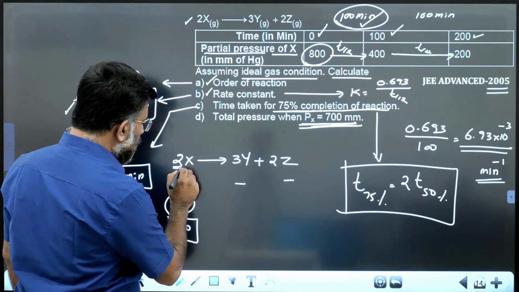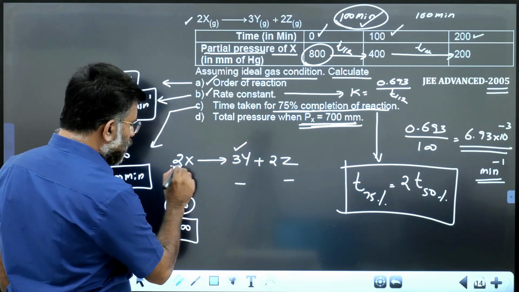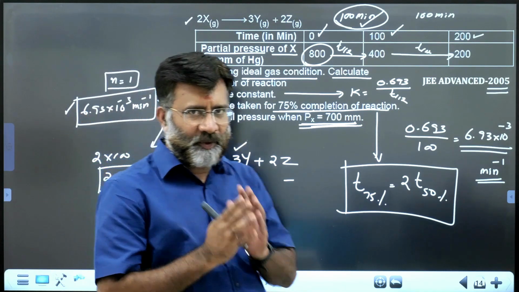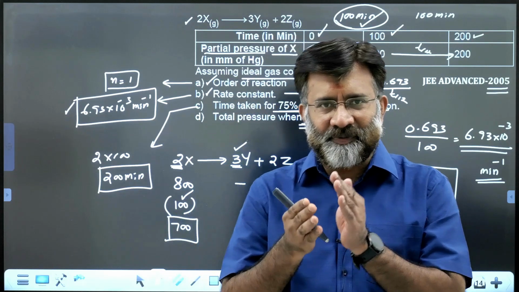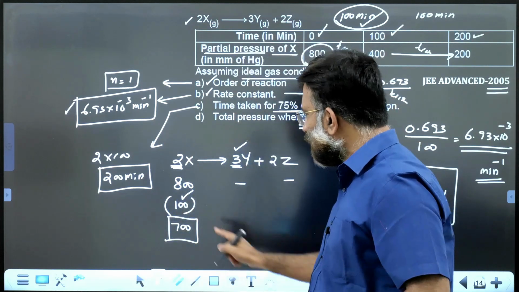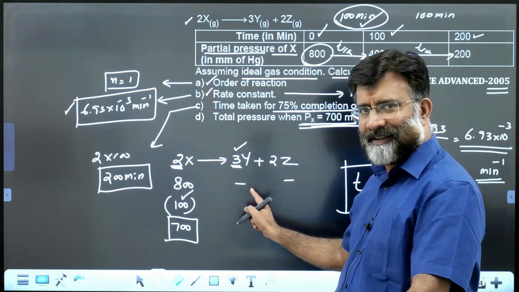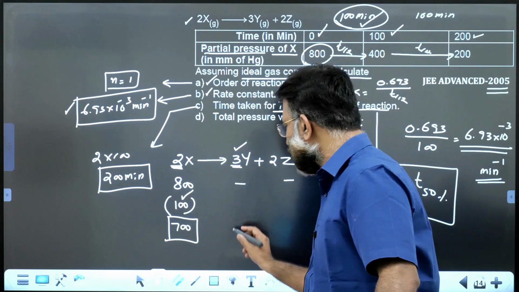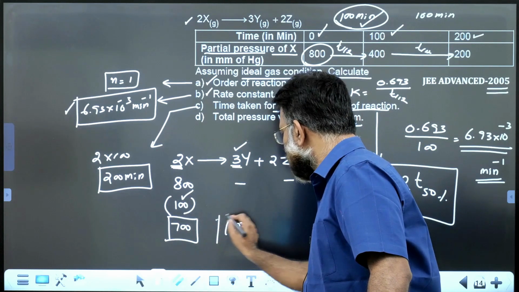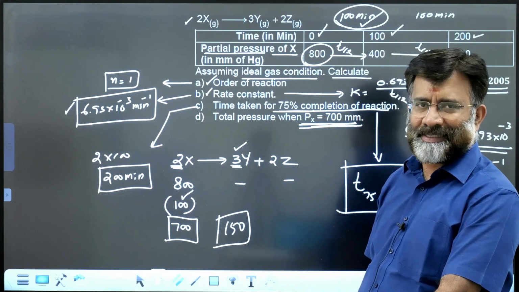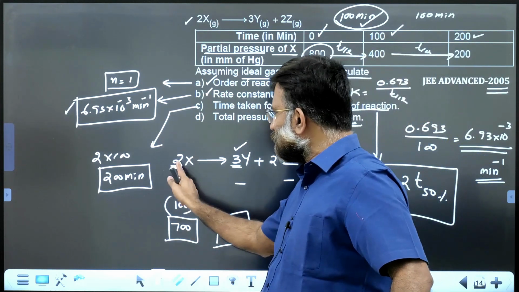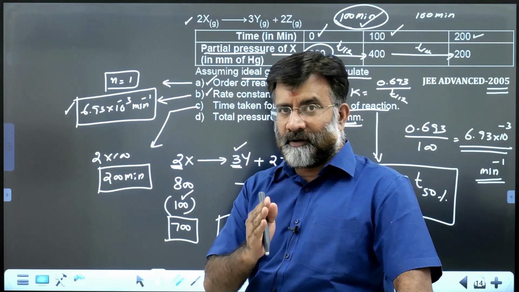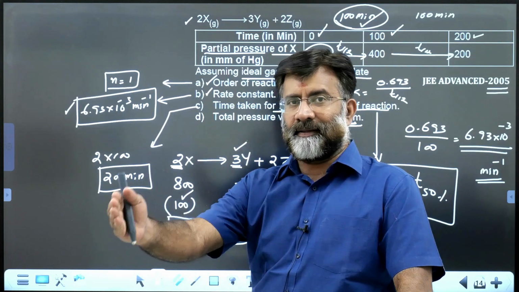Now when 2 moles react, you get 3 moles. You must know the pressure can be taken as a reference for the concentration. So when 100 reacts, how much do you get? 2 give 3, 100 gives 150. So the pressure on the Y side will be 150, because the number of moles of gas is directly related to the pressure.